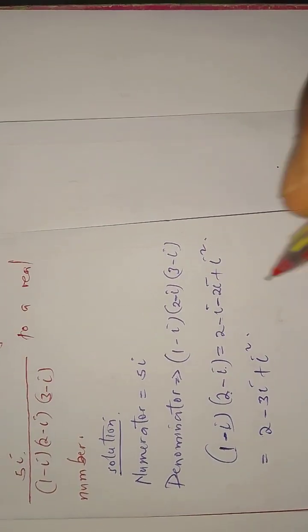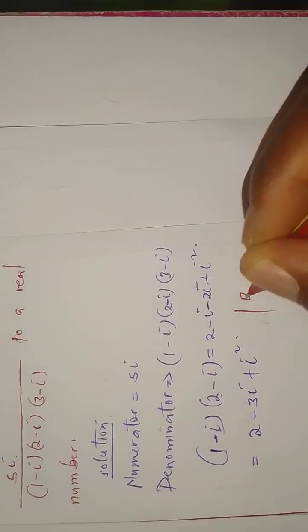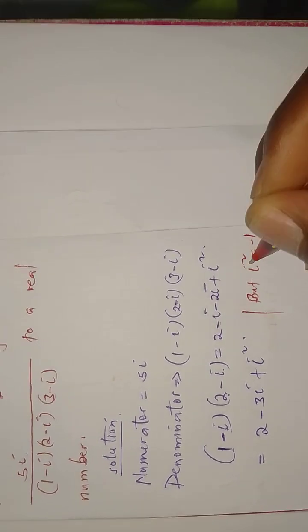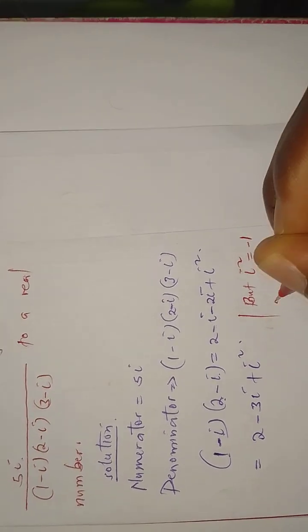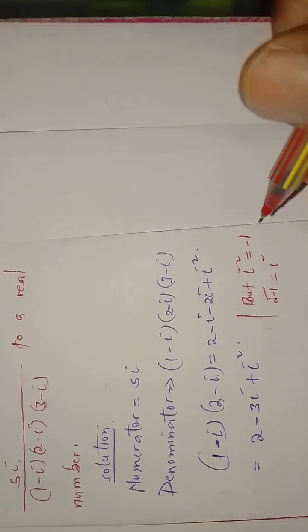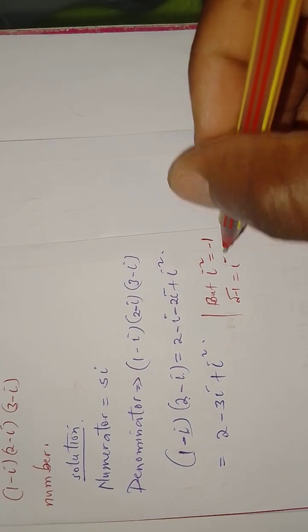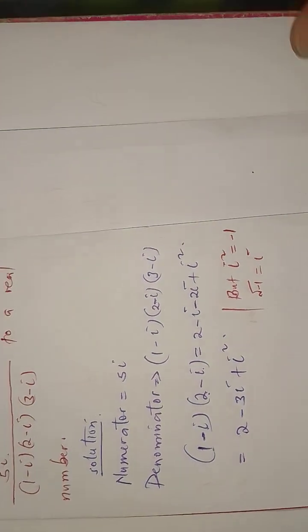But remember, i squared is equal to negative 1. The square root of negative 1 is i, so if we square both sides, we get that i squared is equal to negative 1.